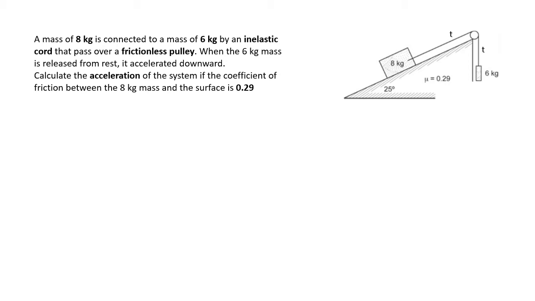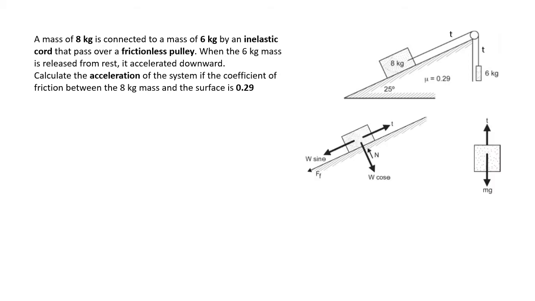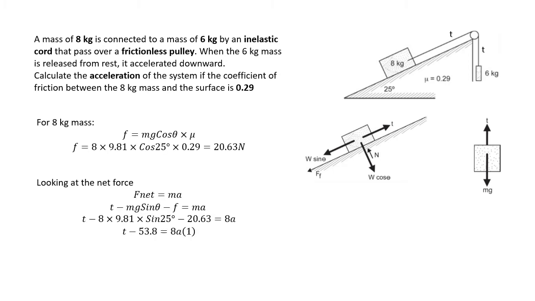So let's look at some free body diagrams. So we have the 8 kg mass on the left and 6 kg on the right. It's always nice to have those around. It would help keep track of the calculation. So let's look at the 8 kg mass.